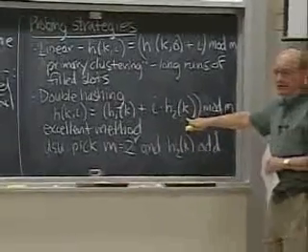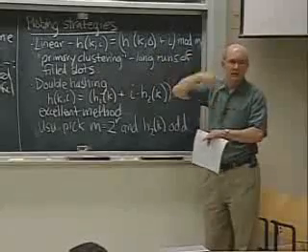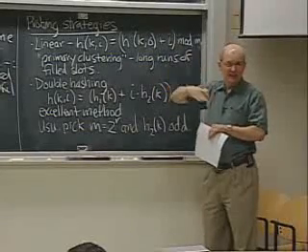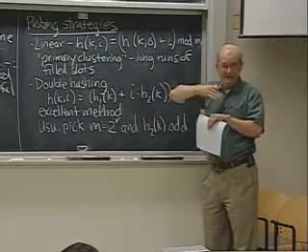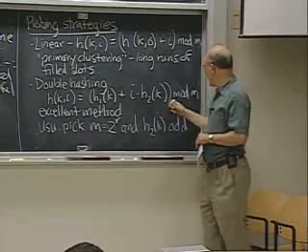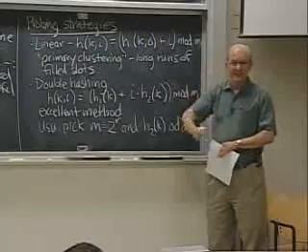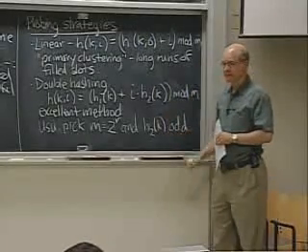You don't use an even value there, because otherwise, for any particular key, you'd be skipping over slots. If you make h2 of k odd and m is a power of 2, you're guaranteed to hit every slot.